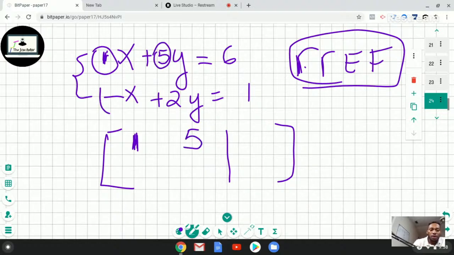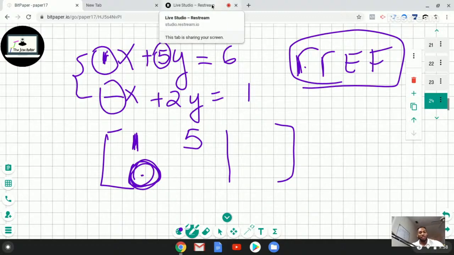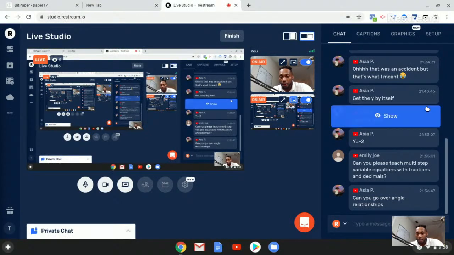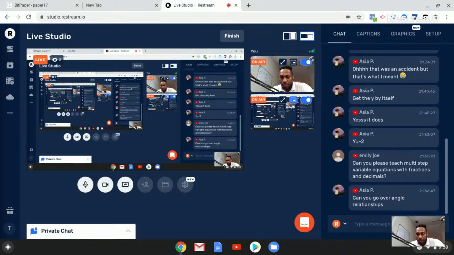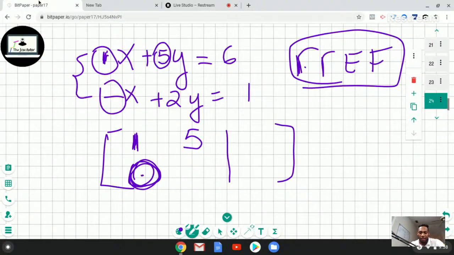Now, who can tell me what I'm going to put in this circle right here, by using common sense? What's the coefficient that I'm about to put in there?